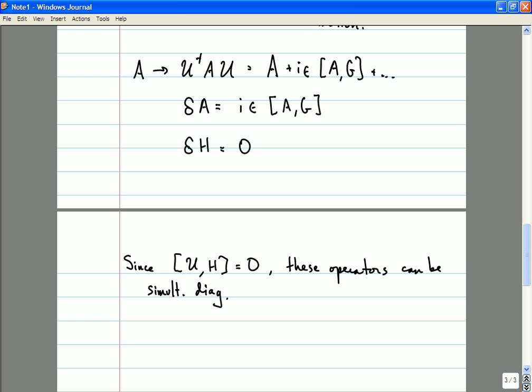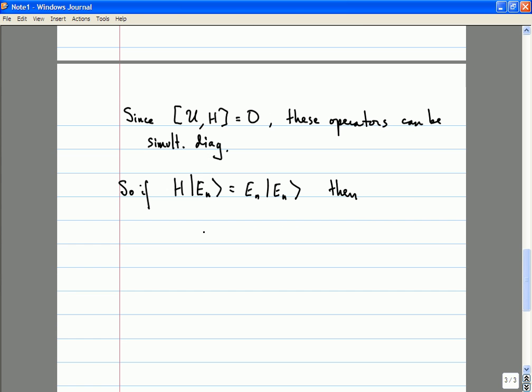So, in particular, if you have some energy eigenstate with eigenvalue En, then you could always act on it with this unitary operator that corresponds to a symmetry, and you'll find that this new state is also an energy eigenstate.